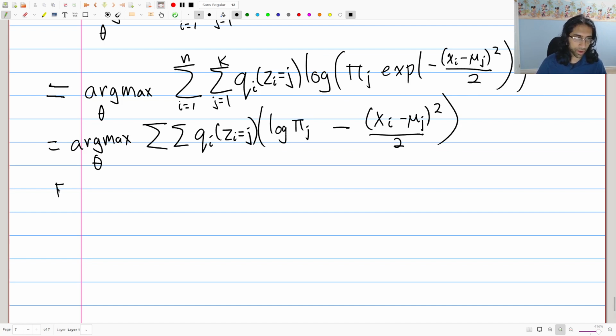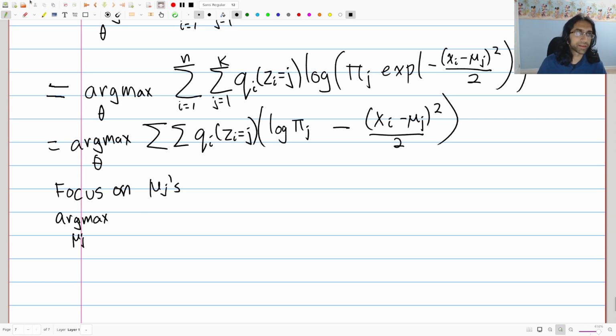Let's first focus on the mu's, because those are perhaps a little bit easier. We don't have to do Lagrange multipliers. So what we're going to do is compute argmax over the mu j's of what is it?